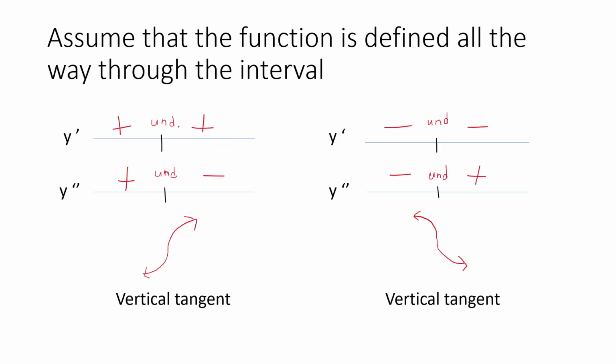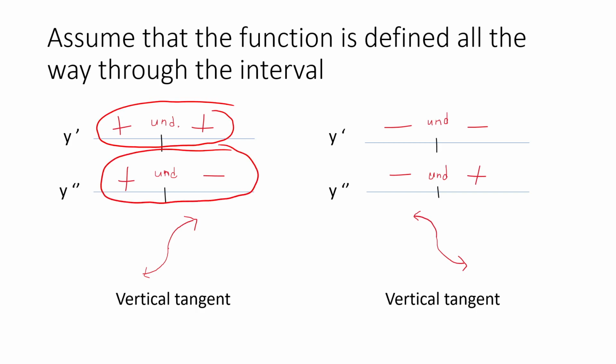Now, if we have a function defined all the way through, but our first derivative is positive, then undefined, then positive, and our second derivative is positive, then undefined, then negative, then we're going to have a curve that looks like this. We're going to have a vertical tangent to explain away the undefined nature of that first derivative. It'll be a vertical tangent, and it'll be concave up and then concave down.